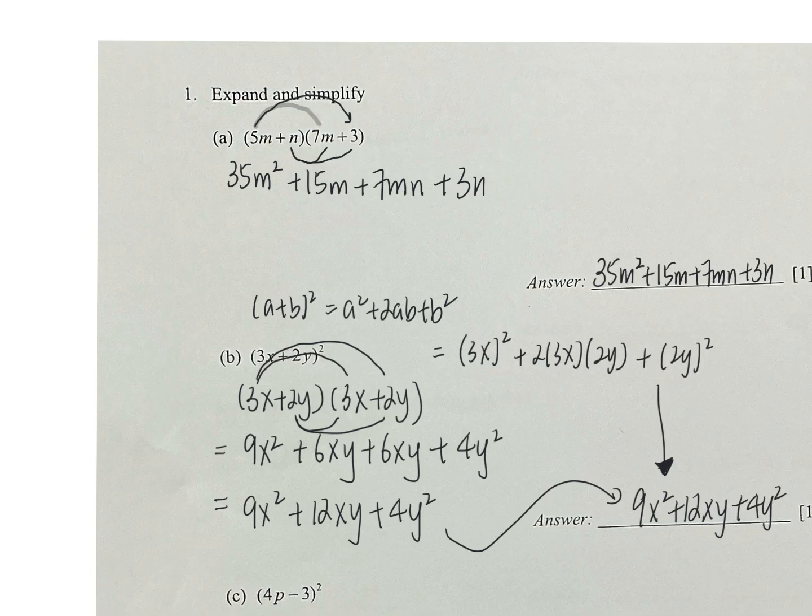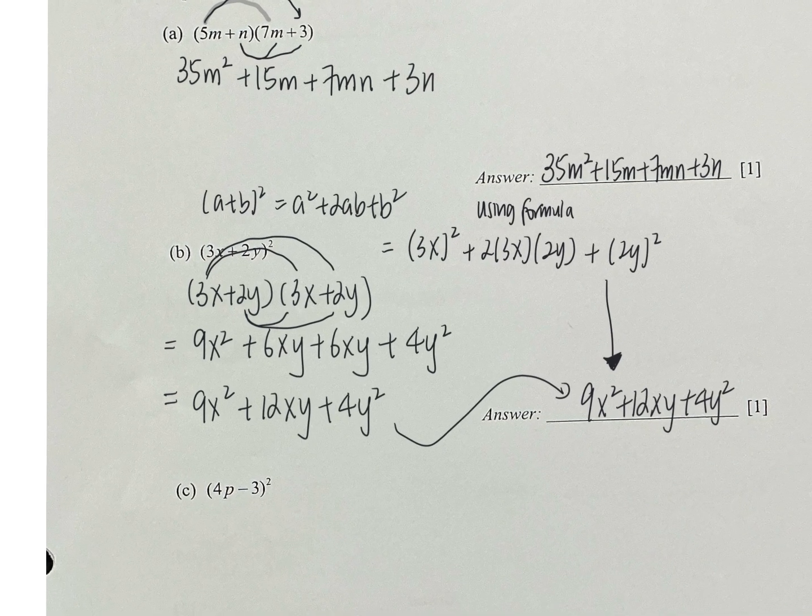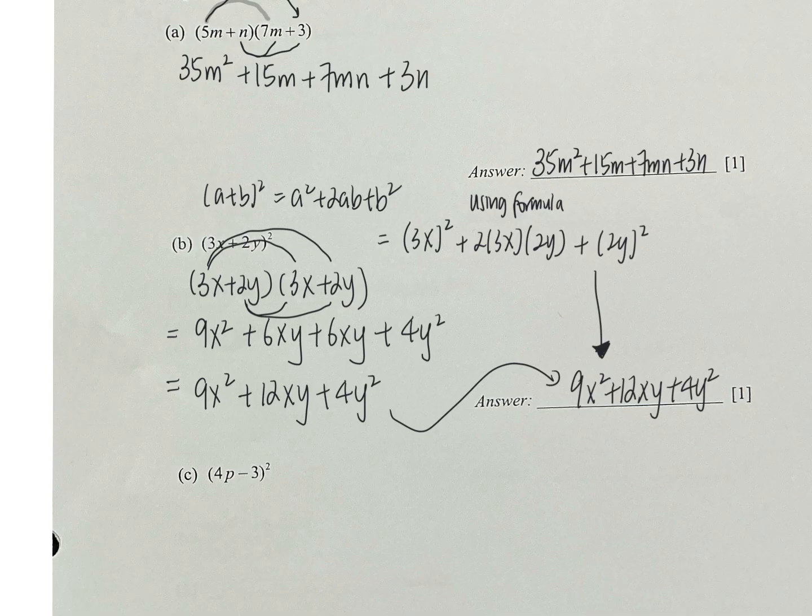Okay, this one is using formula. Next one, same thing. For the group of you who's using formula, you can do this: a squared, 2ab, b squared.